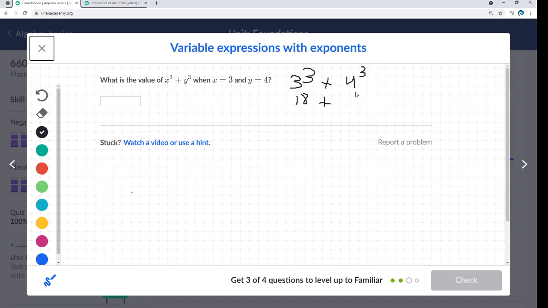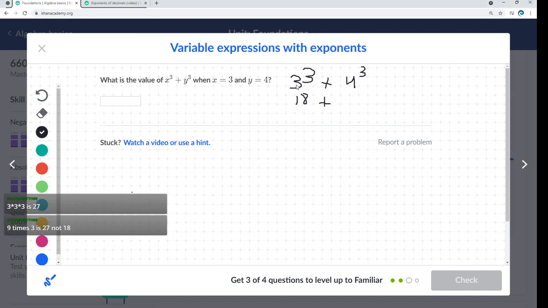It's 16. Times 3, which is, I don't know. I have no idea. Let's get an answer here. Times 4. It's 64. I should have known that. 3 times 3 times 3 is 27. How did I get to 18?